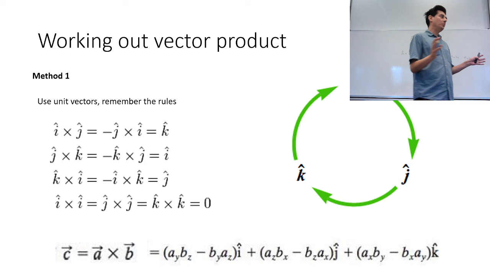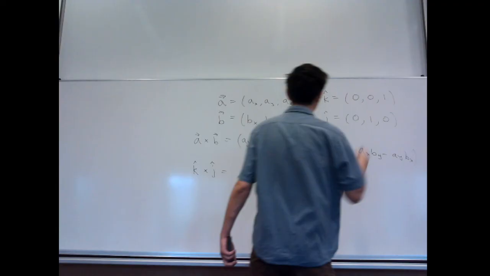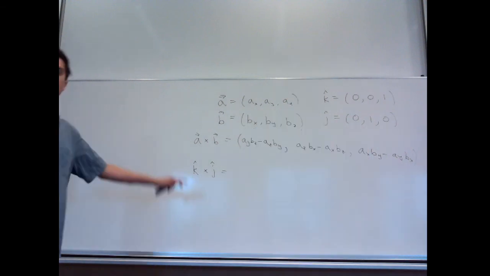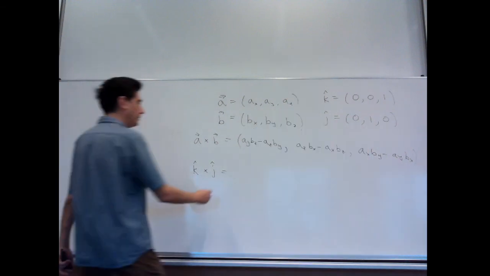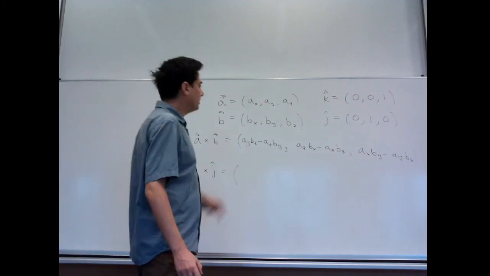So k is 0, 0, 1, so it's like that, and j is the second one. So we're doing this particular case, and then we can just apply the formula. So for the x component, what is this going to be according to the usual rule that I've written down here?